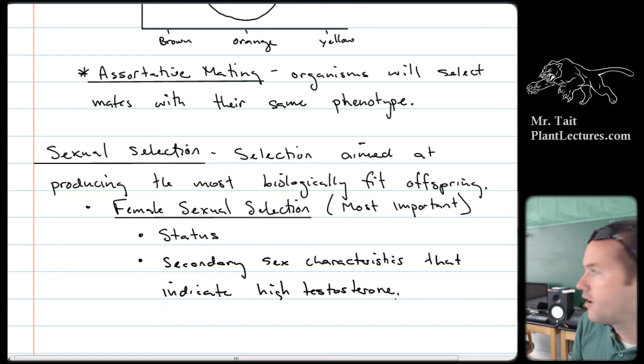So these are like muscle mass, greater amounts of muscle mass, broader shoulders, the chiseled jawline, deep voices, right? These are all things that are indicative of high testosterone, but they are not important, right?